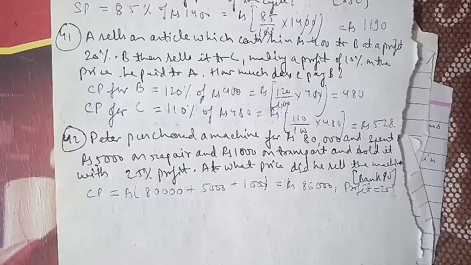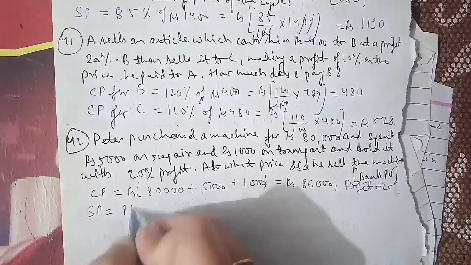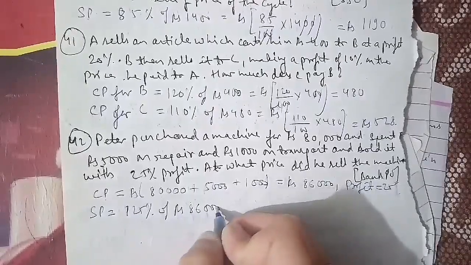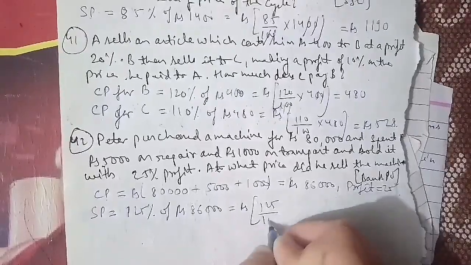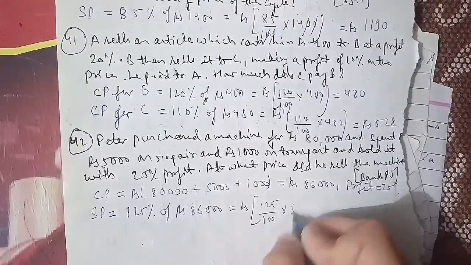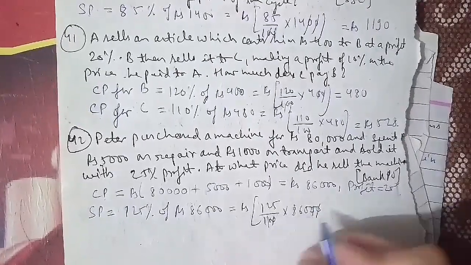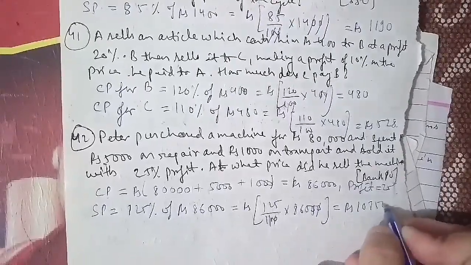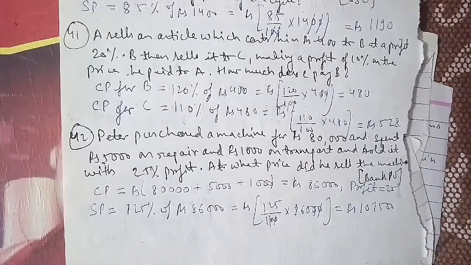So SP equals 125% of rupees 86,000, equals 125 upon 100 into 86,000. The two zeros cancel with the two zeros, and multiplying further gives rupees 1,07,500, which is the answer here.